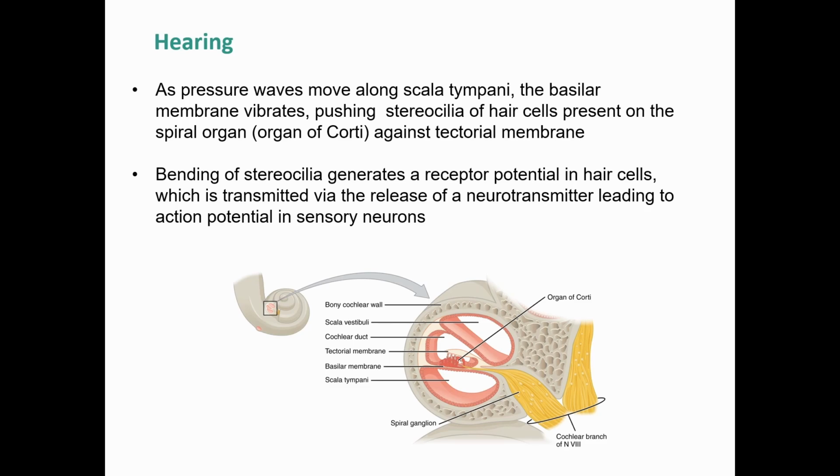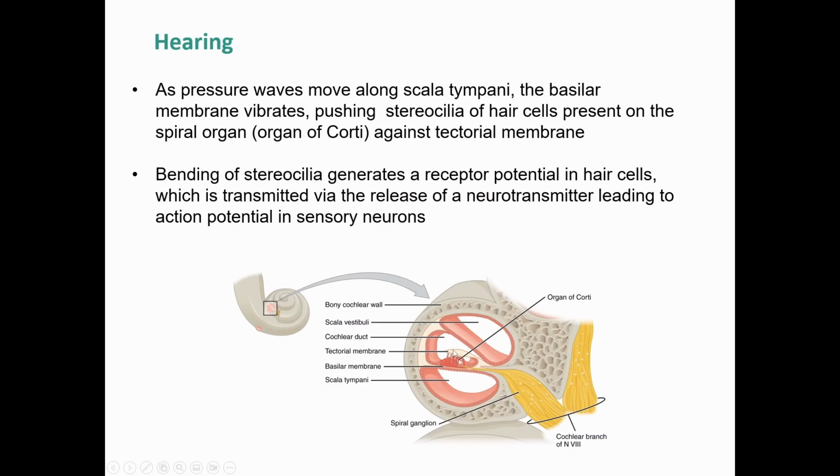So again, the oval window is struck by the stapes, and this causes pressure waves in the fluid. It travels through the scala vestibuli, and then it will wrap around down to the scala tympani. As it goes, the basilar membrane, this membrane right here, is going to vibrate.